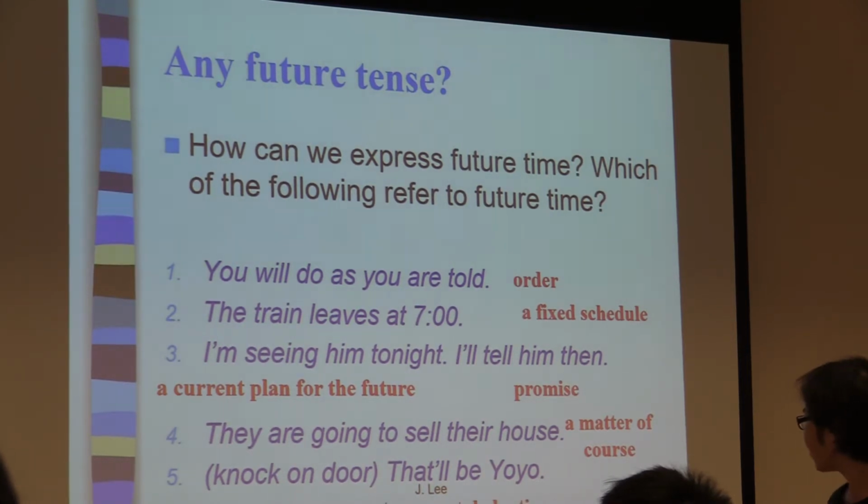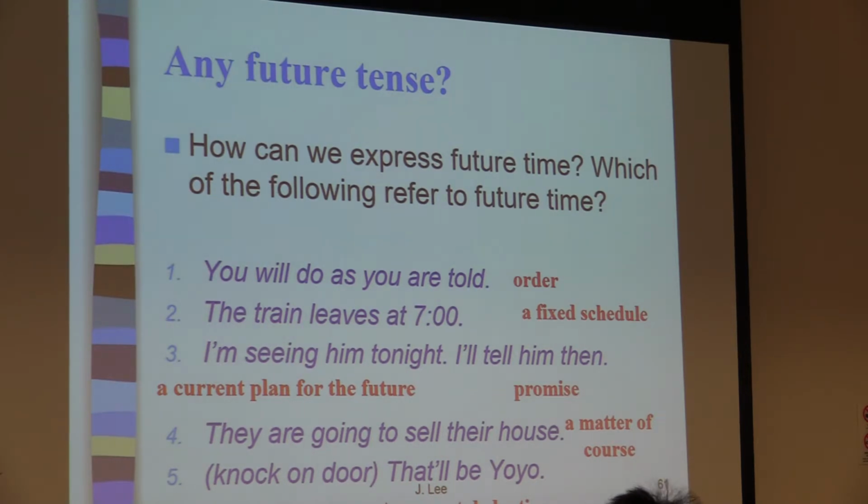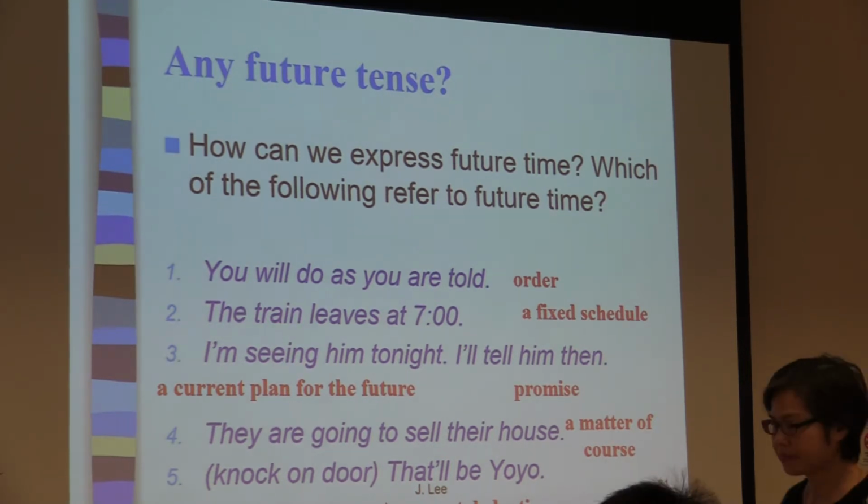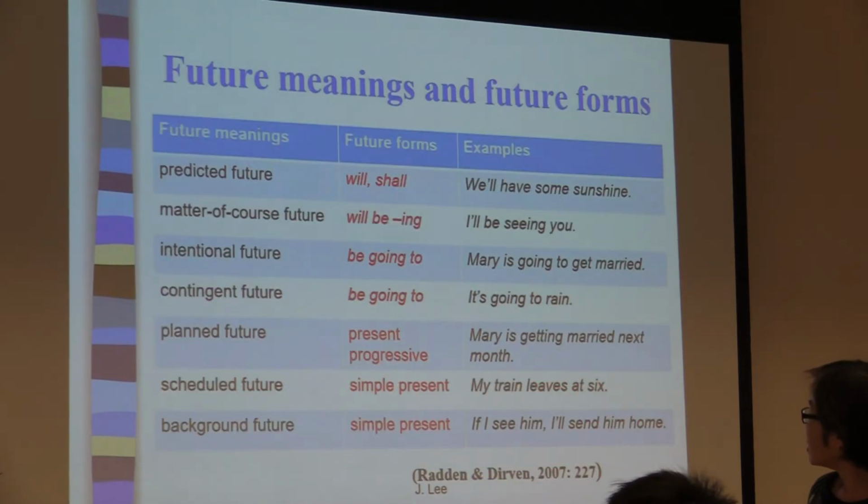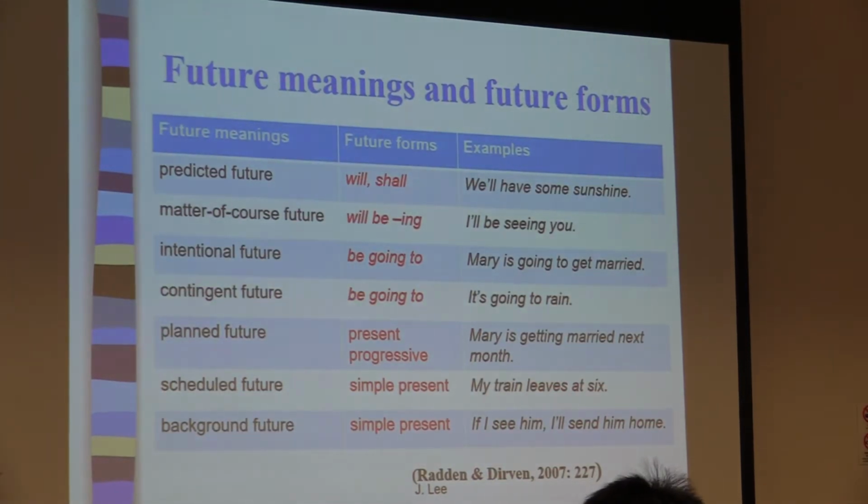And finally, that will be Yo-Yo is a deduction or prediction. So that's why people say there is no future tense, since future time can be expressed in different ways, as you can see from this diagram or this table.